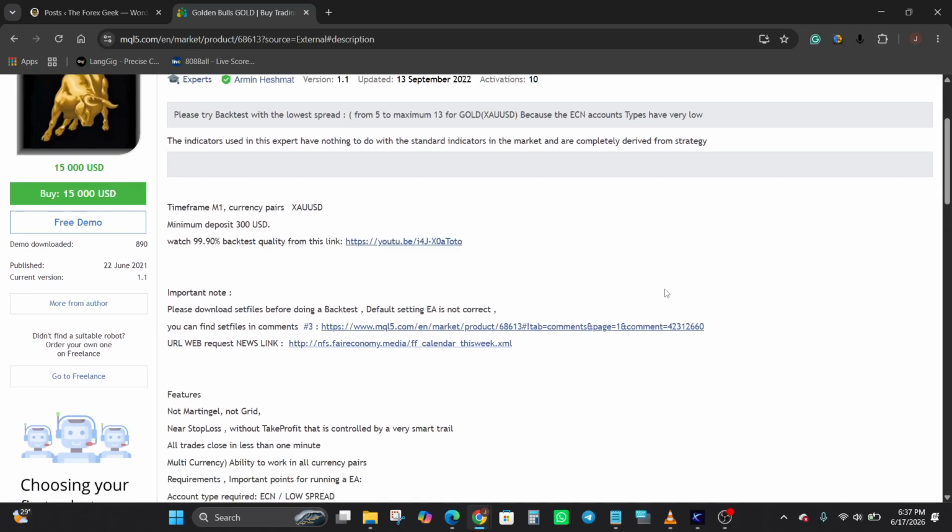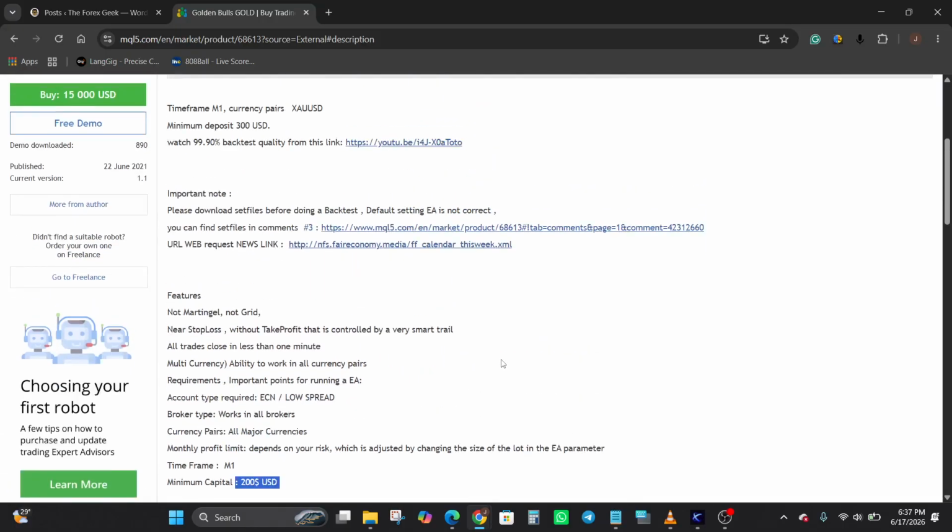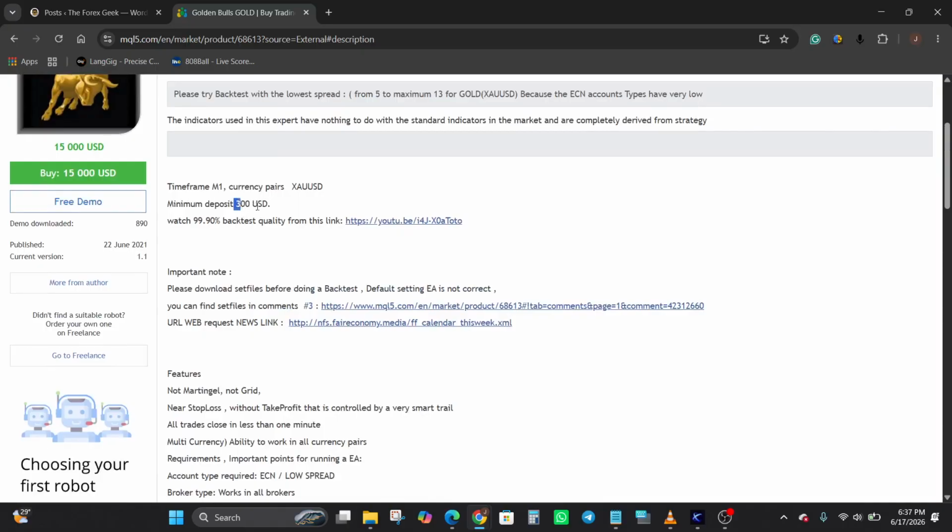Now, the primary recommended trading setup shown here is XAUUSD on the M1 time frame. The page also mentions a minimum deposit requirement ranging from $200 to $300. All right, we can see here minimum capital $200, and then here we see minimum deposit as $300. So, well, perhaps depending on the section being referenced.